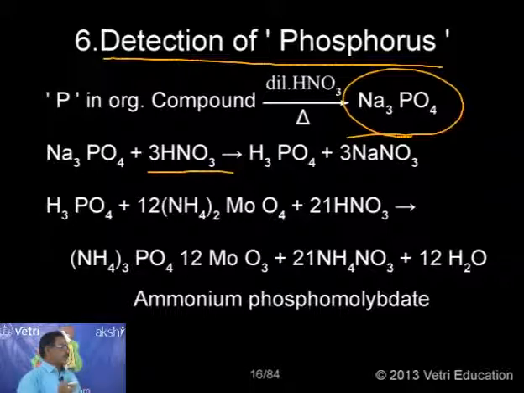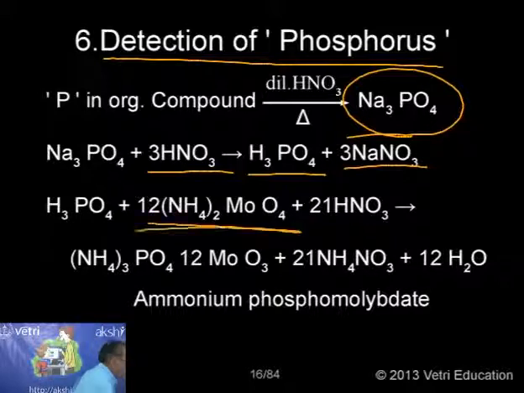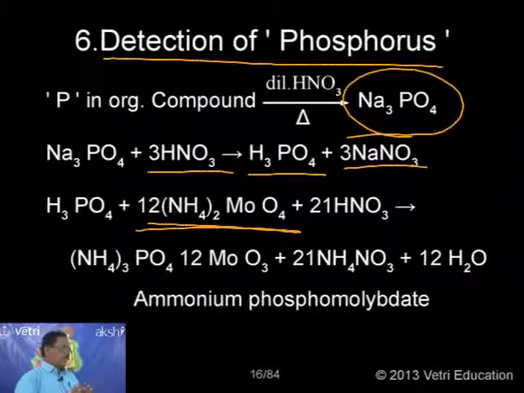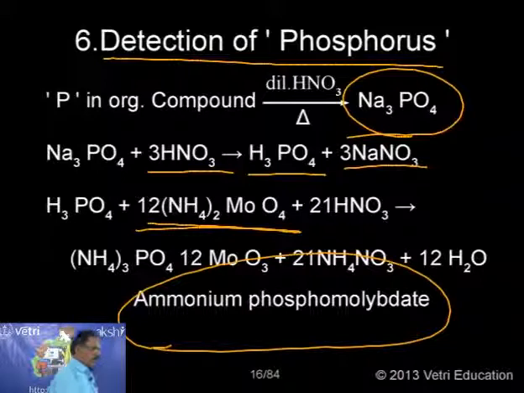When you add concentrated nitric acid and heat strongly, the sodium phosphate is converted into phosphoric acid and sodium nitrate forms. Now, after heating, cool the solution, and to the cooled solution add ammonium molybdate solution, (NH4)2MoO4. When we add ammonium molybdate solution, immediately a yellow precipitate of ammonium phosphomolybdate forms.